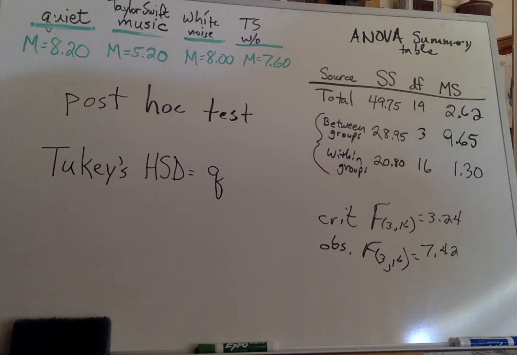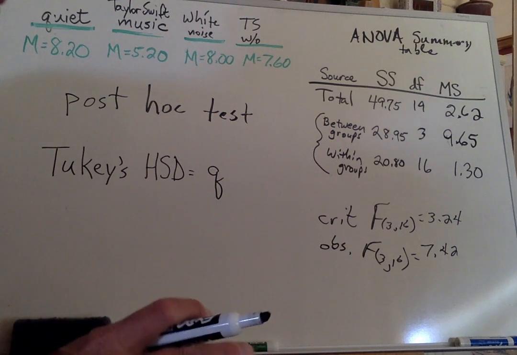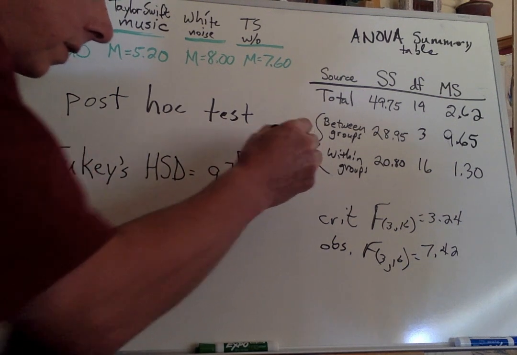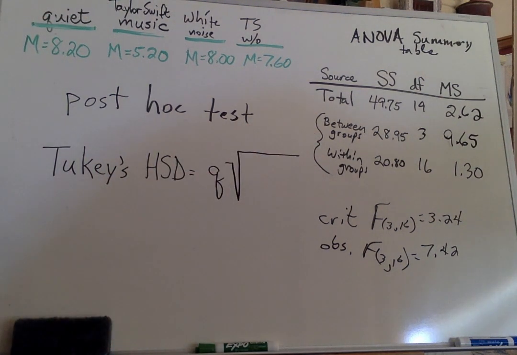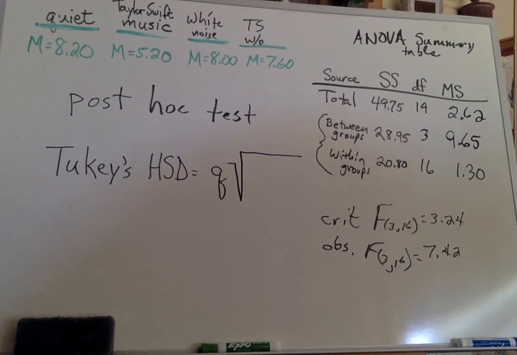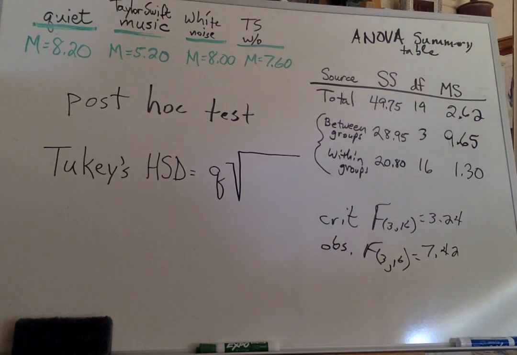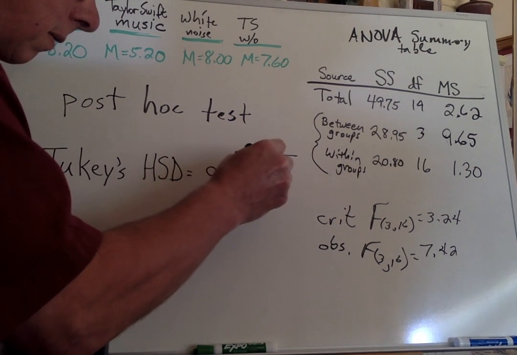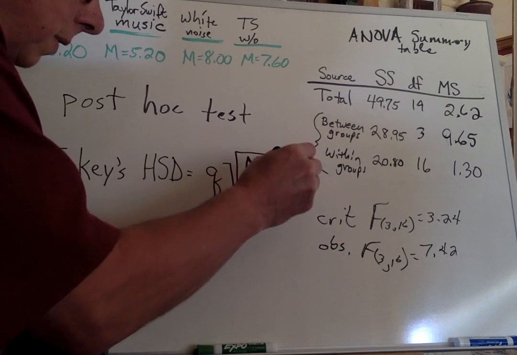Now, I'm assuming you're saying, oh my God, what the hell is Q? Well, we'll get there, okay? Times the square root of, and let me just make sure I'm doing this correctly, right? The square root of, I'm getting this from the textbook, page 428. The mean squares within, do I have that?